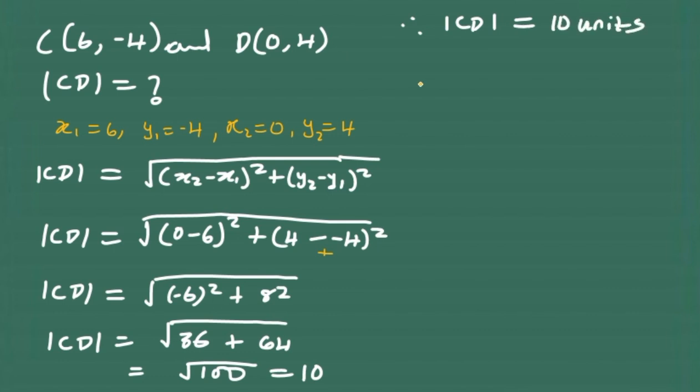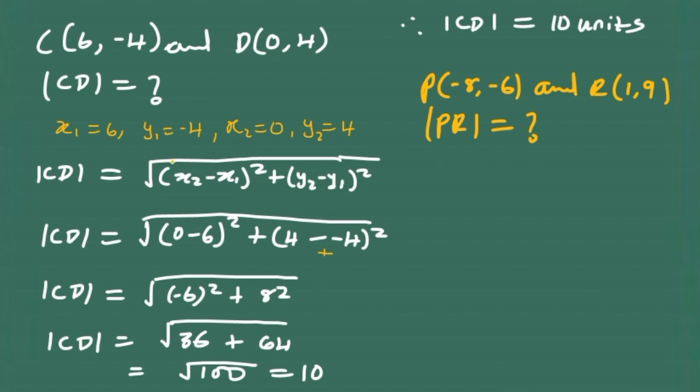Let's take another illustrative example before we bring this section to an end. So we have a point P given to be -8 and -6, and another point R given to be +1 and +9. So we have to find the distance between P and R. Alright, so from the formula we established, the distance between P and R is going to be equal to the square root.